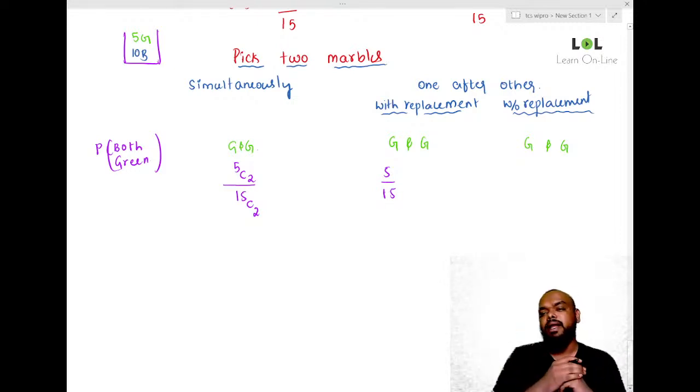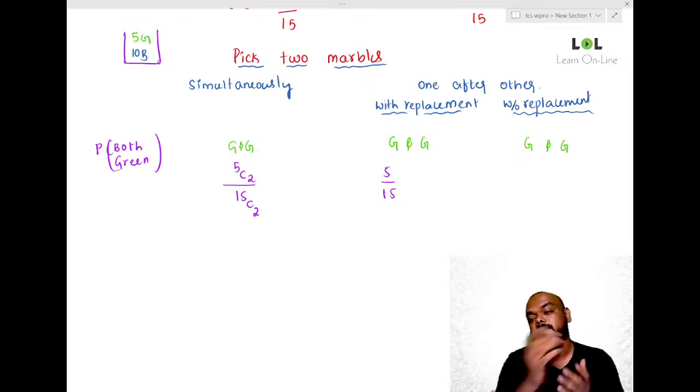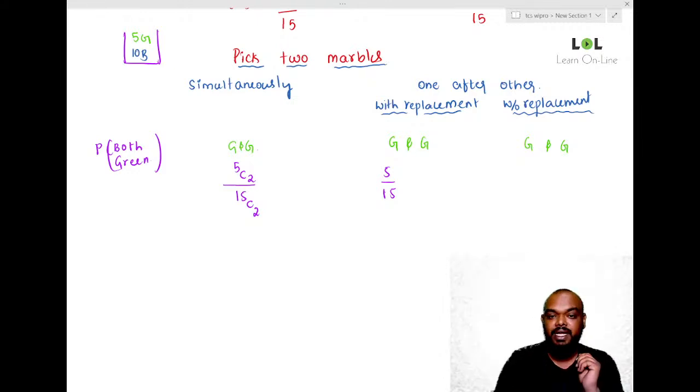Now you might be wondering why I am not using combinations here. The denominator, you are picking one marble from 15 marbles, it is 15C1, which is nothing but 15 itself. Numerator, you need one green from 5 marbles, 5C1, which is also 5 only. So directly 5 by 15.